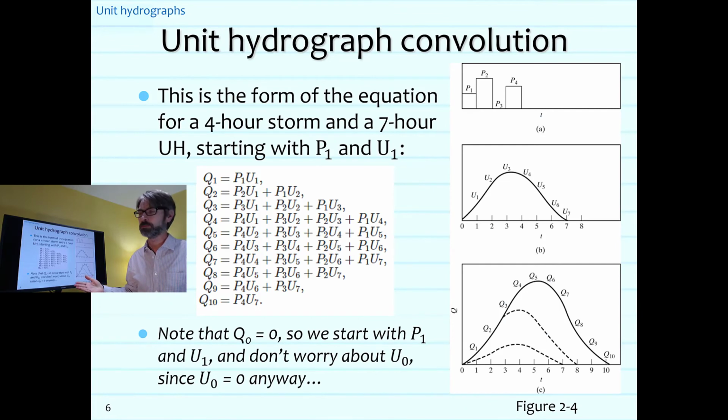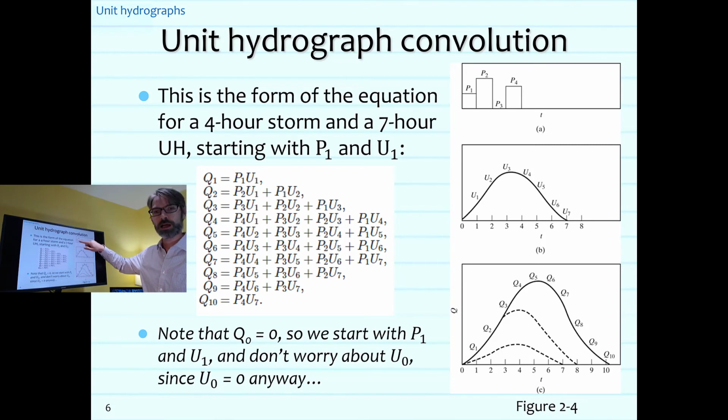Here's an example. This is the form of the equation for a 4-hour storm and a 7-hour unit hydrograph, starting with P1 and U1. The reason we start with P1, U1 is that Q0 is equal to 0. You can see it right here. So we start with P1, U1 and don't worry about U0, since U0 is equal to 0 anyway. So here's my rainfall excess.